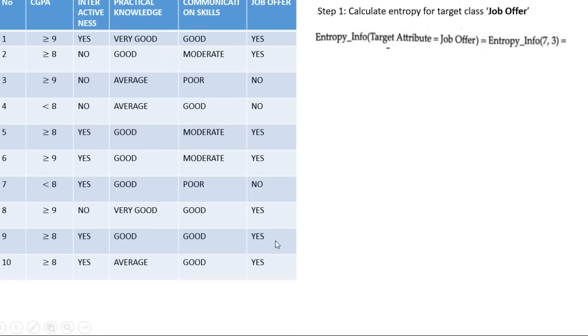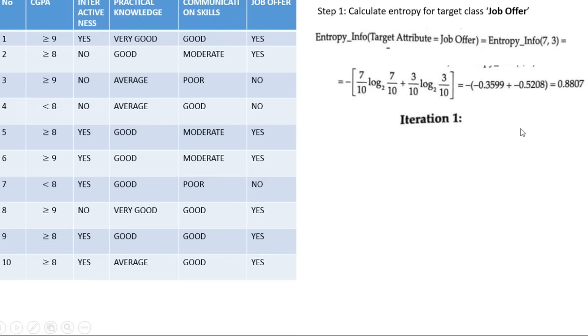So totally 7 data instances are yes and the remaining 3 are no. So the formula for entropy information is minus 7 divided by 10, where 10 is the total number of instances you have, log to the base 2 of 7 by 10, plus 3 by 10 log to the base 2 of 3 by 10. When you calculate this, you get the entropy information as 0.8807.